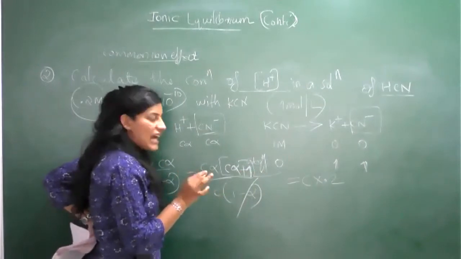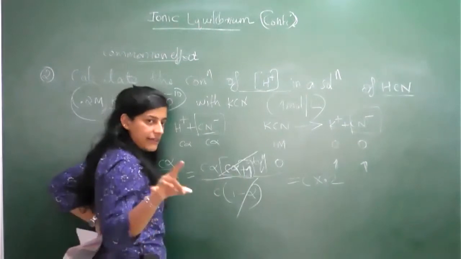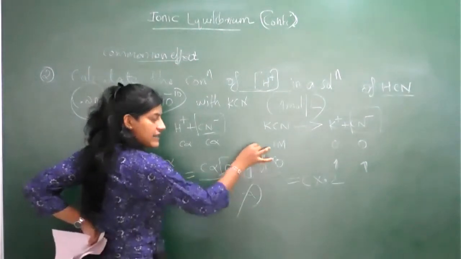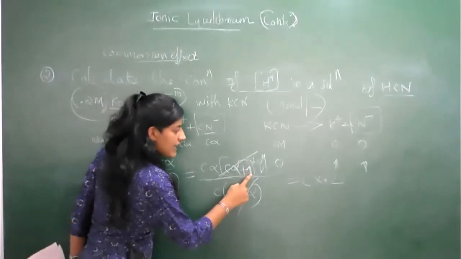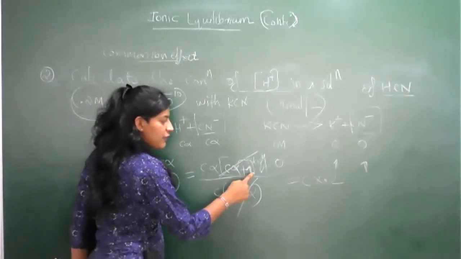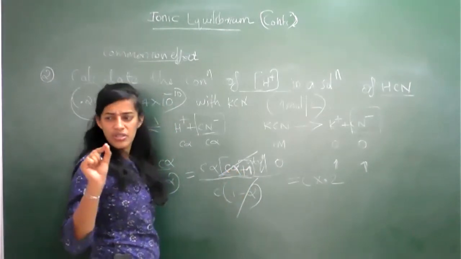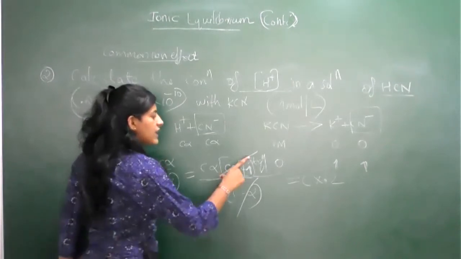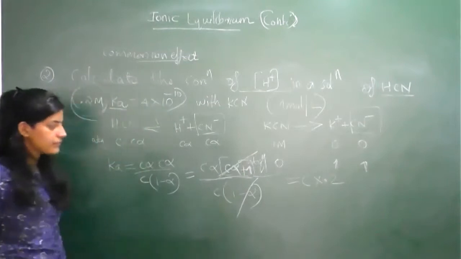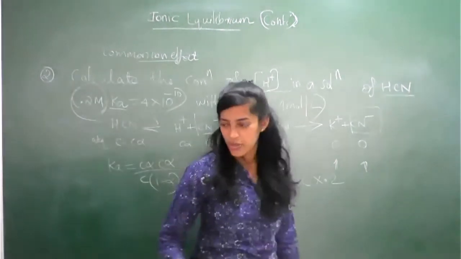That's why this whole term becomes 1. Once again, repeat: compared with the value 1, this C alpha is a 0.0005 term, that much only, very minute. So this term becomes neglected. So next, how much remains, students?